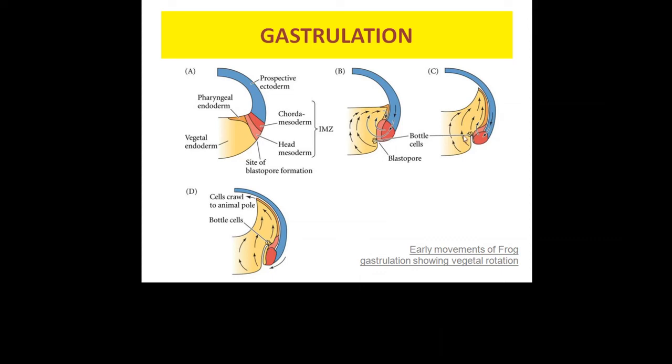So these are called bottle cells. Ultimately, as the cells crawl towards the animal pole, these bottle cells and IMZ cells are also dragged towards the inside.